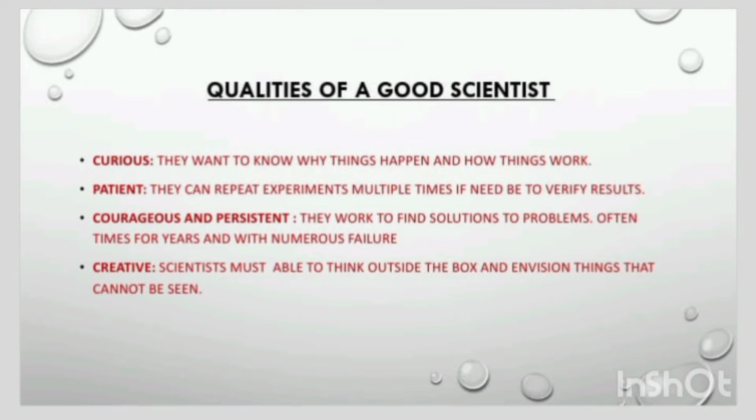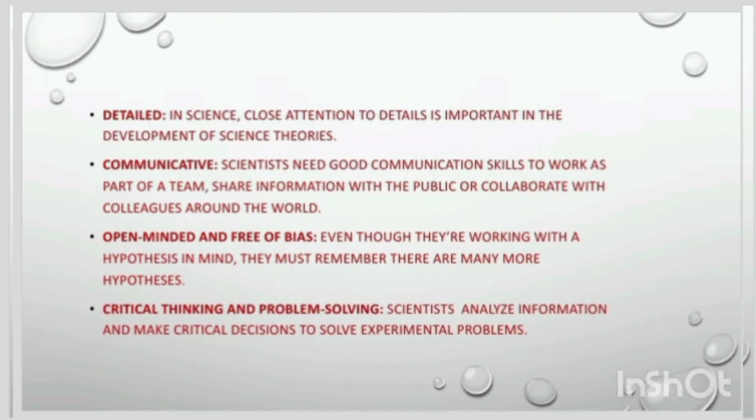But they would keep on for years, for time unknown, until a result is obtained. And another is creativity. You must be able to think outside the box. You must be able to envision what is not seen to be a scientist. You must be able to bring your creativity into existence in the physical world to aid man and help the living standards of man.